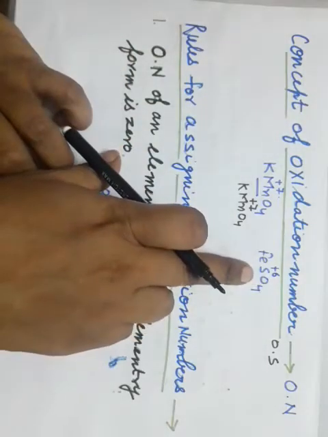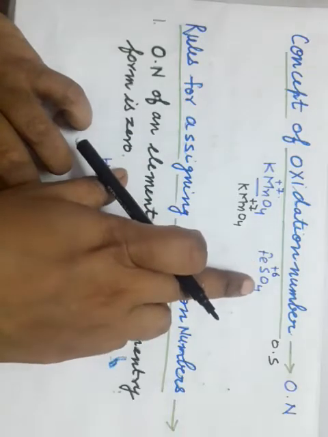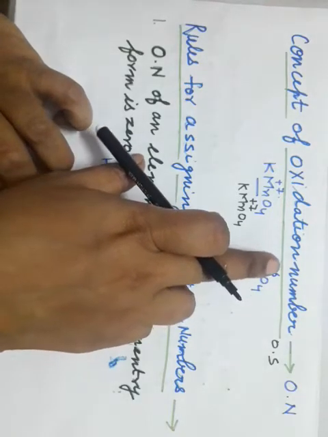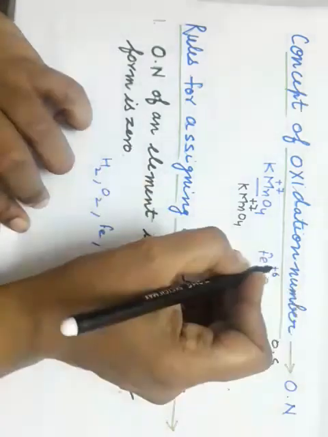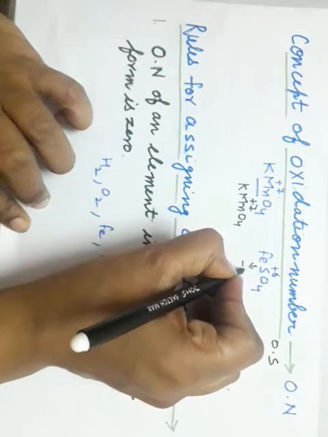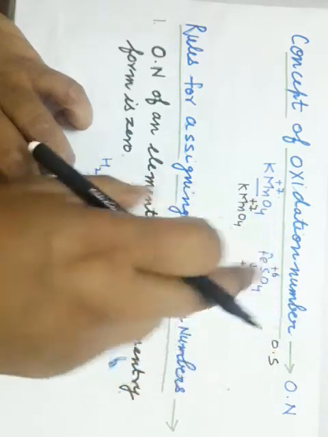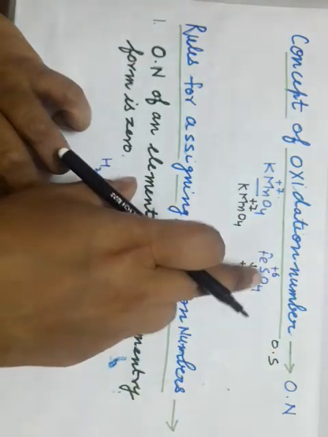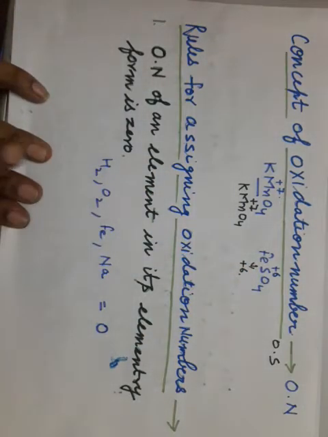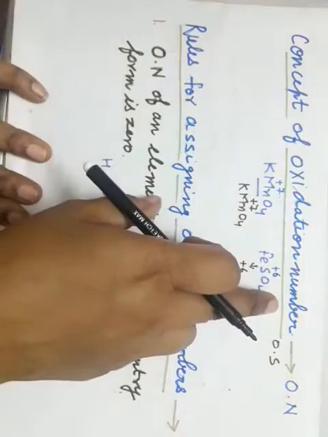Same in the case of FeSO4. If it is written like this, the oxidation state of sulfur is +6, that means sulfur is losing 6 electrons when it is going to form the ferrous sulfate compound. Now, how do we assign the oxidation state of the given elements?